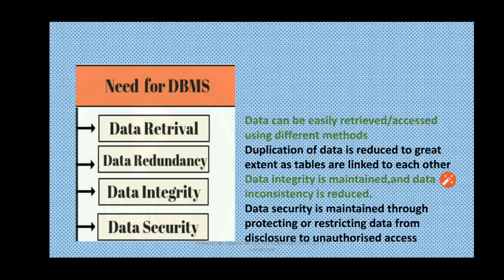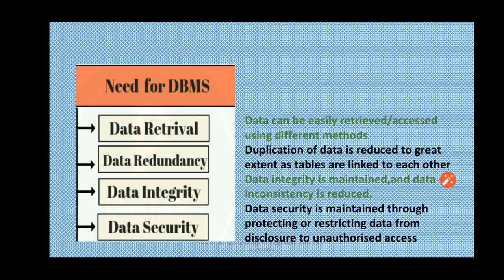But when you are using a proper DBMS system, you maintain the data in a single table. So if it is updated, it is updated. If it is not updated, it is not updated. That means the chance of having multiple values for a particular information is reduced here. Data security.